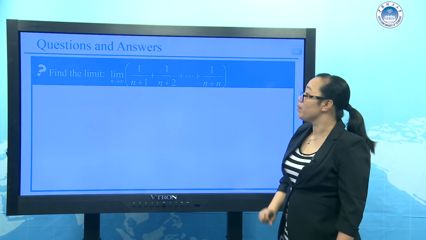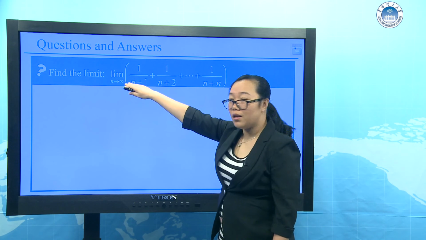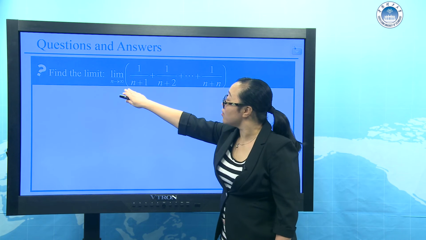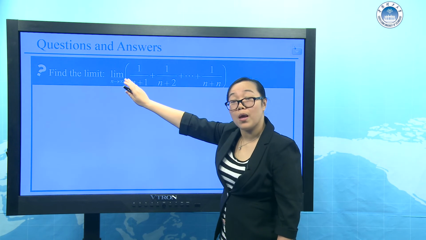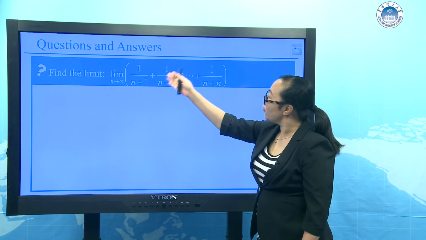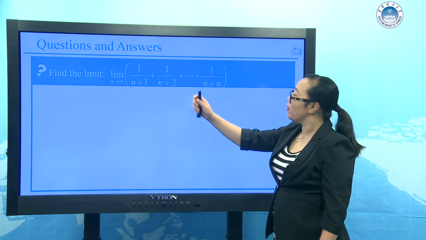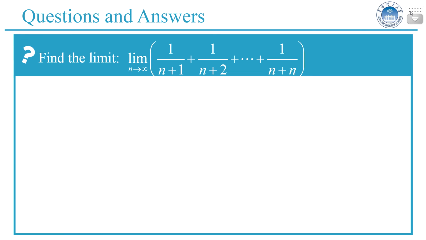Look at question 1. Question 1 asks us to find the limit as n tends to positive infinity of 1 over n plus 1, plus 1 over n plus 2, plus and so on, plus the last term 1 over n plus n.